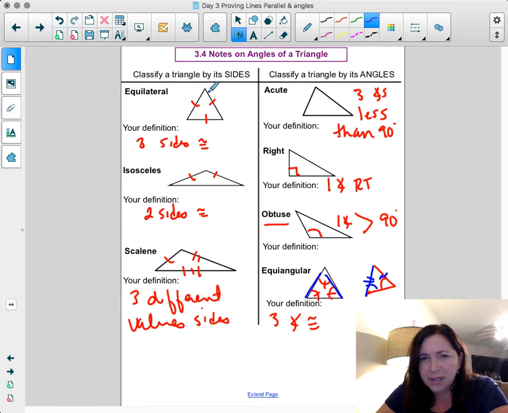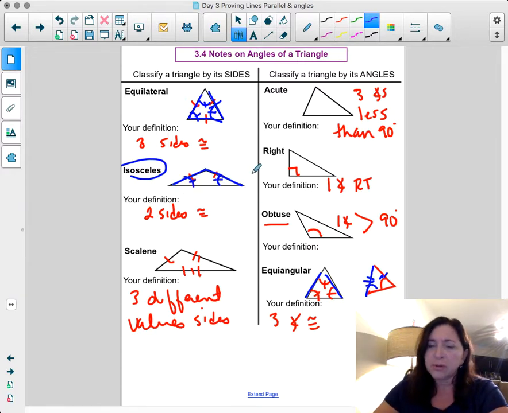Likewise, if my sides are equal, then the angles opposite those are congruent. If this side is equal to that side, then these two angles are congruent. If this side is equal to this side, then this angle is congruent. So keep in mind also isosceles triangles. We know this side is congruent to this side, therefore the angles opposite those congruent sides are also congruent.